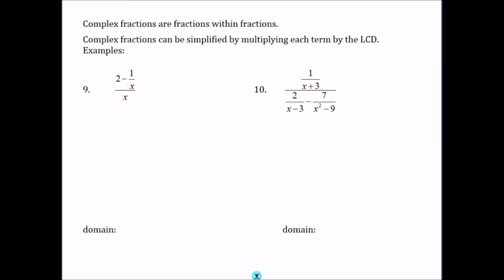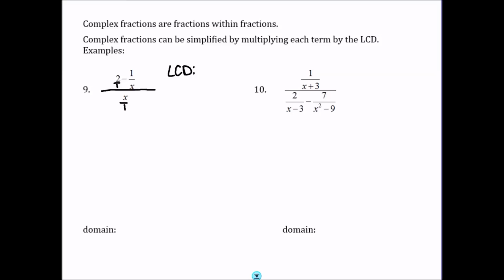So this first fraction is 2 minus 1 over x, over x. So I'm going to make sure that all of these pieces are fractions. So I have 2 over 1 minus 1 over x, over 1. Then I need to find my LCD. If I look at my denominators, they are 1, x, and 1.